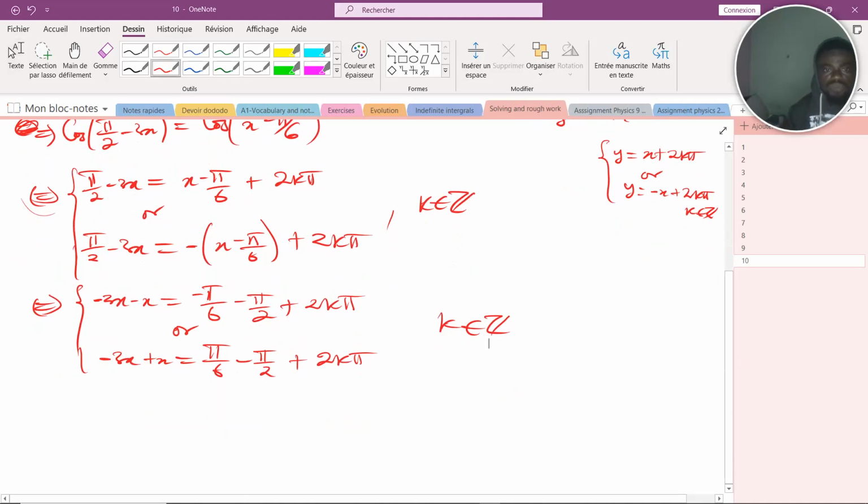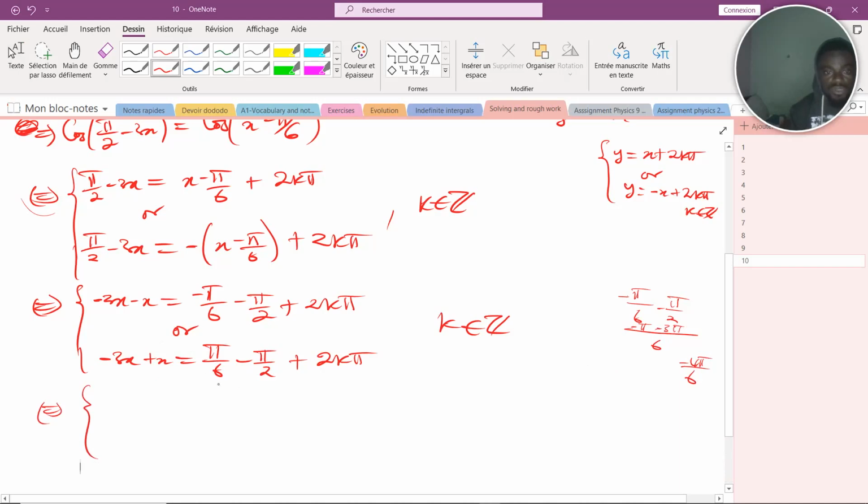Now, minus pi on 6 minus pi on 2. This is 6, 6 minus pi, 6 divided by this goes 3 times, minus 3 pi. So you have minus 4 pi on 6. Is that okay?